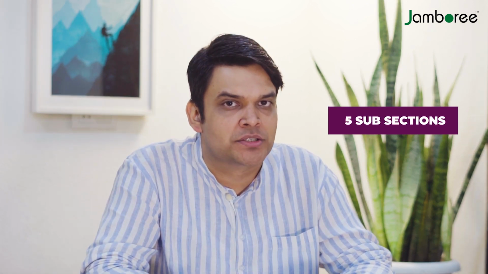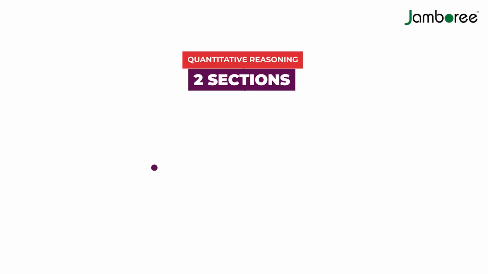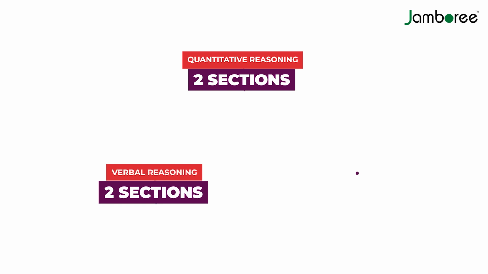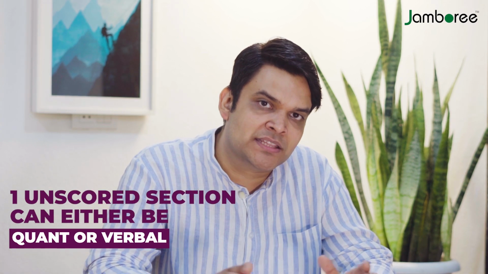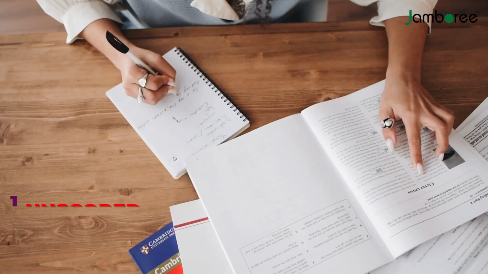After AWA, the next thing is going to be 5 subsections, a combination of quantitative and verbal. But in this part, you'll be answering 2 quant sections and 2 verbal sections, and 1 unscored section. So what exactly is the unscored section going to be? One unscored section is going to be either quant or verbal, which means in the final examination, you'll be answering 3 quant, 2 verbal, or 2 quant, 3 verbal.